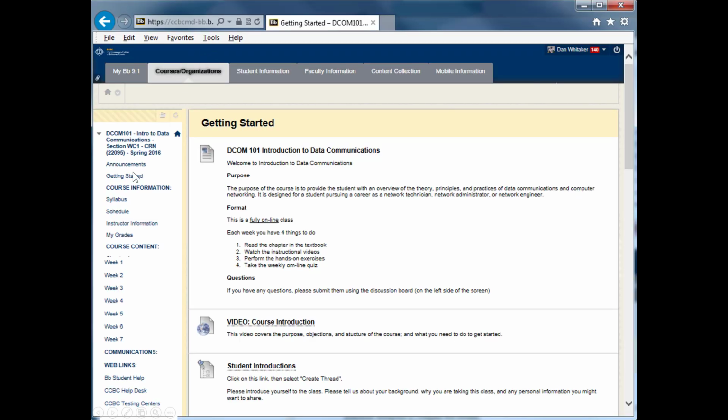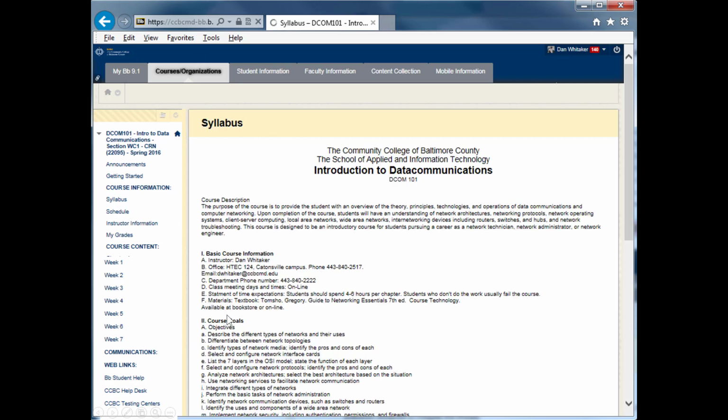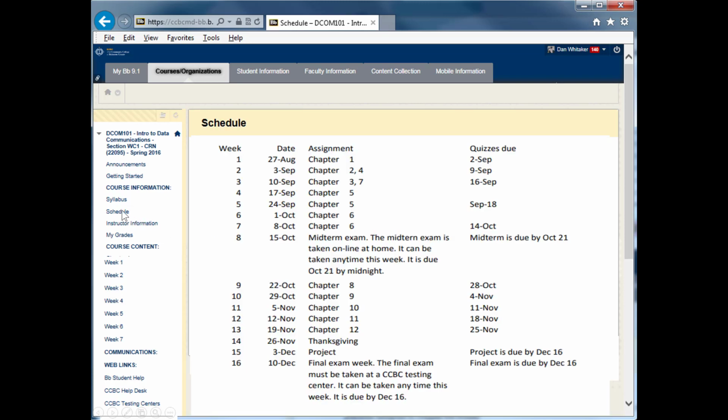Let's now take a look at Blackboard. If you log into Blackboard and you go into Getting Started, you will see that's where we are now on the course introduction. Below that, we have the syllabus, which shows the course description and course goals. Below that, we have the all-important schedule that shows sometimes we have 1 chapter per week, sometimes we have 2 chapters per week, sometimes you get 2 weeks for 1 chapter.